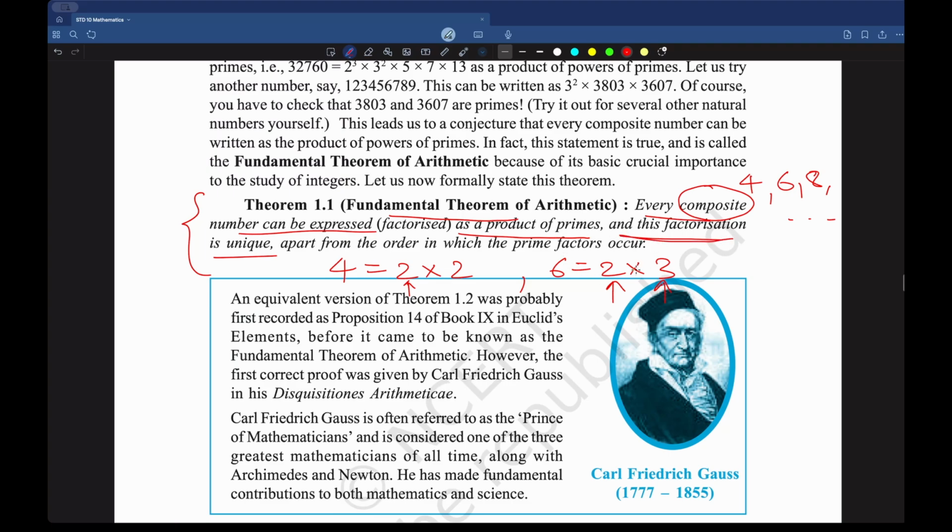And the factorization is unique apart from the order in which the prime factors occur. We can write 2 into 3 as 3 into 2, where order doesn't matter.